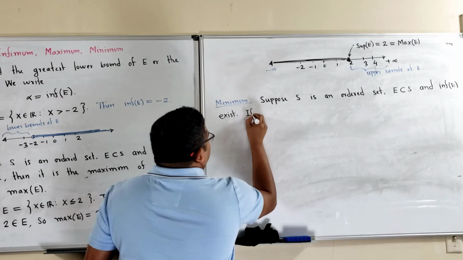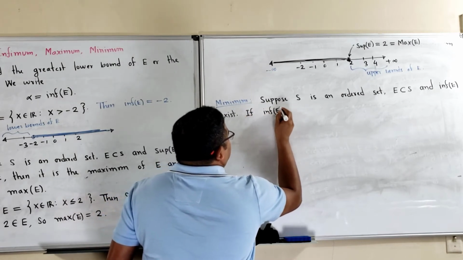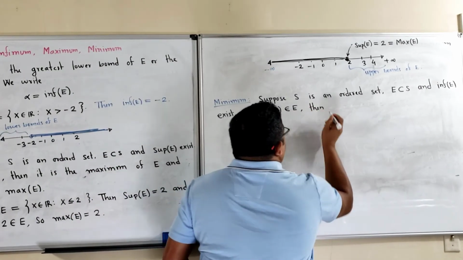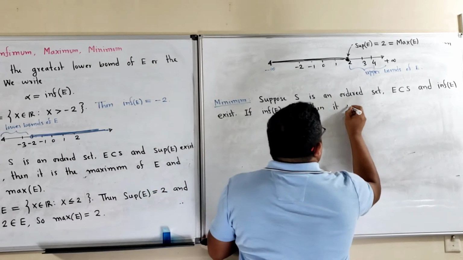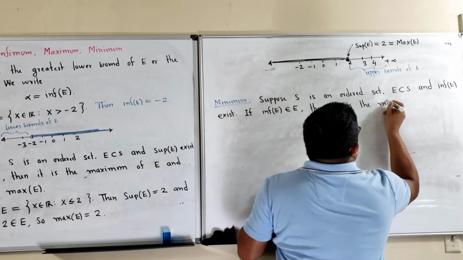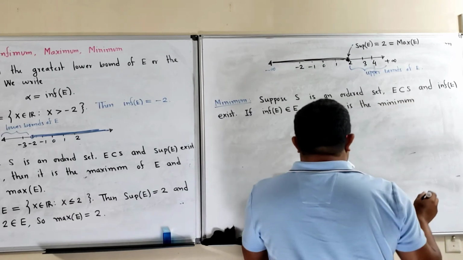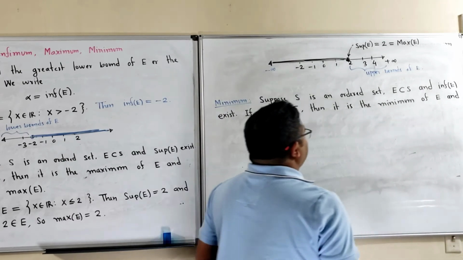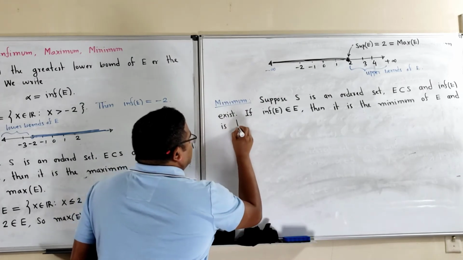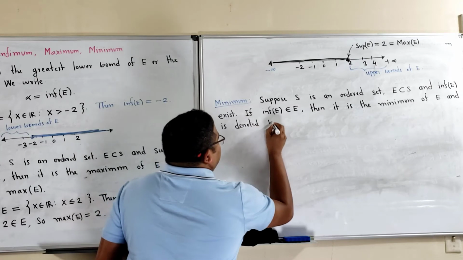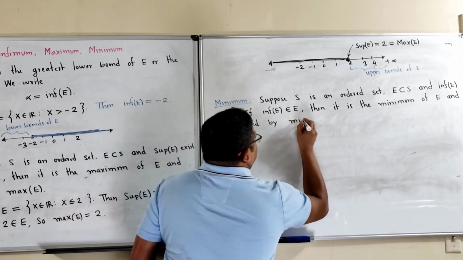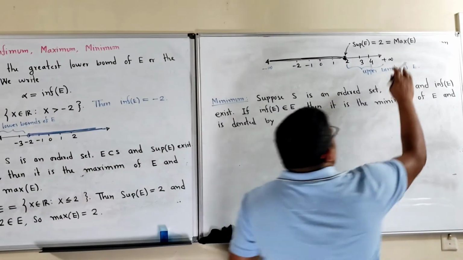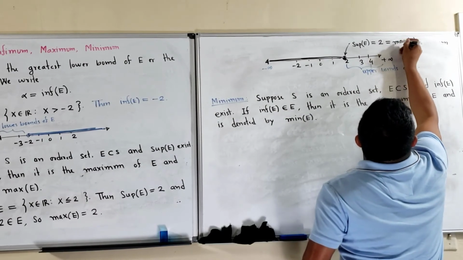If the infimum of the set E belongs to the set E, then it is the minimum of E and is denoted by min of E, with a small letter m for minimum.